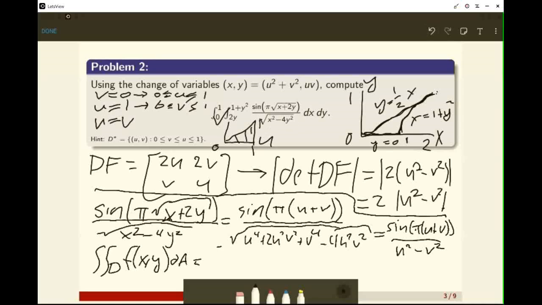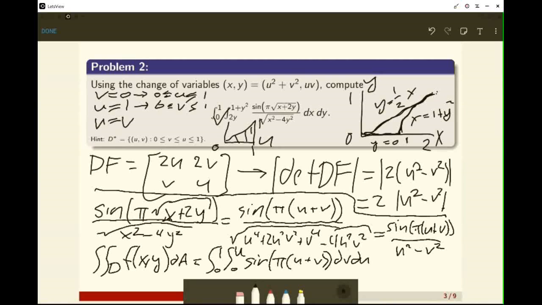dx dy, is really going to be just the integral from 0 to 1 in u times the integral from 0 to u in v of sine of pi u plus v dv du.